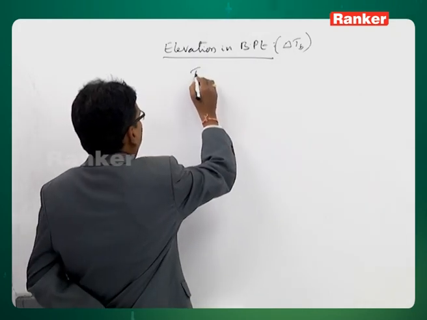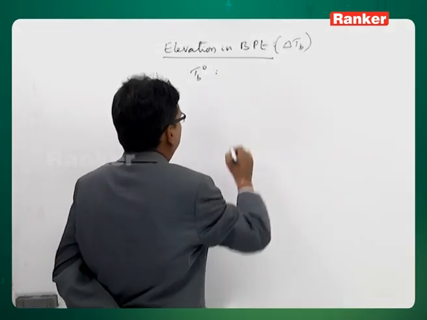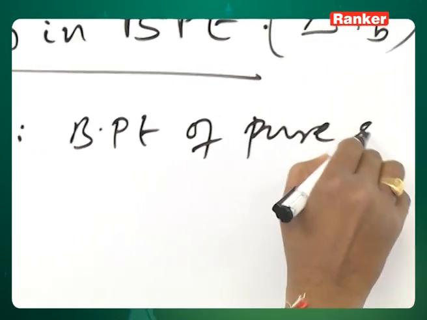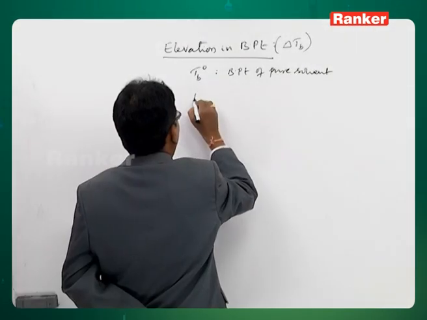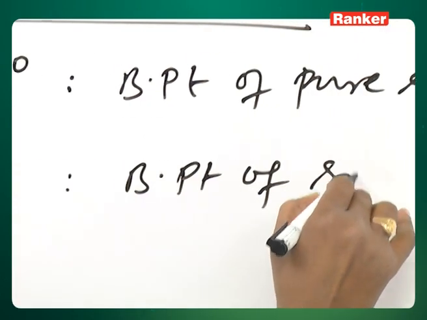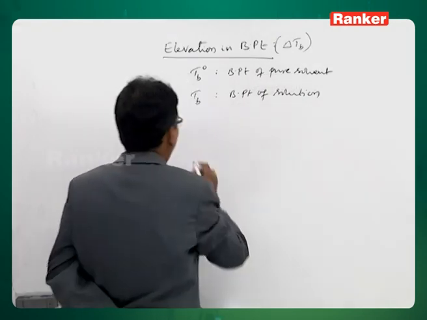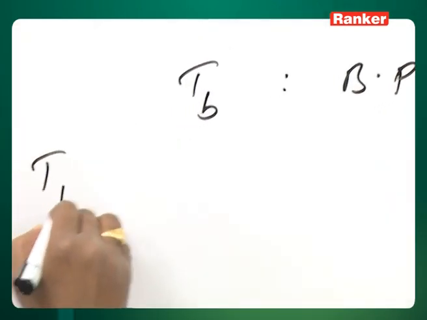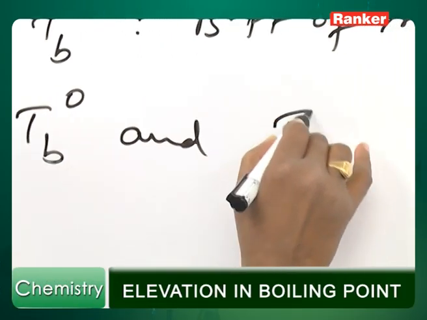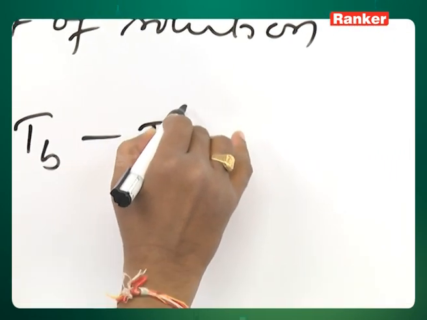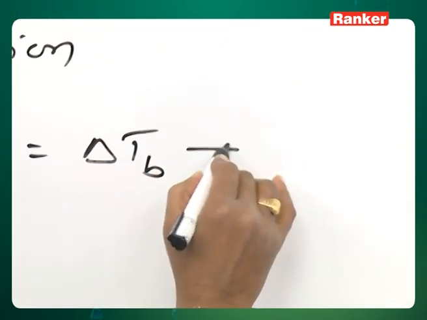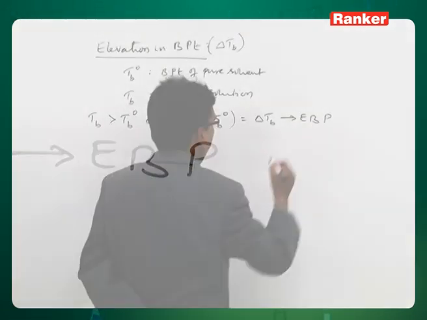So, if TB naught is the boiling point of a pure solvent, TB is the boiling point of the solution, then as already we told, TB is greater than TB naught, and TB minus TB naught, that is equal to delta TB, is what is called elevation in boiling point.